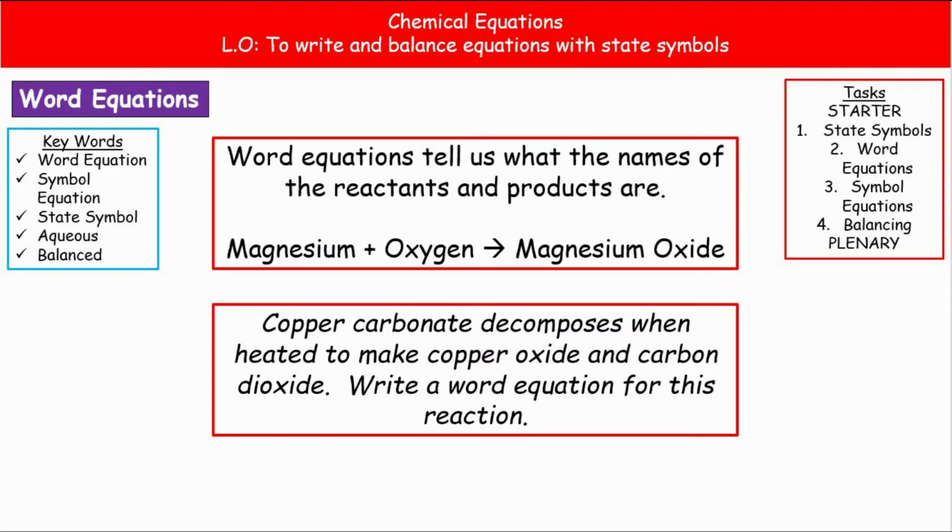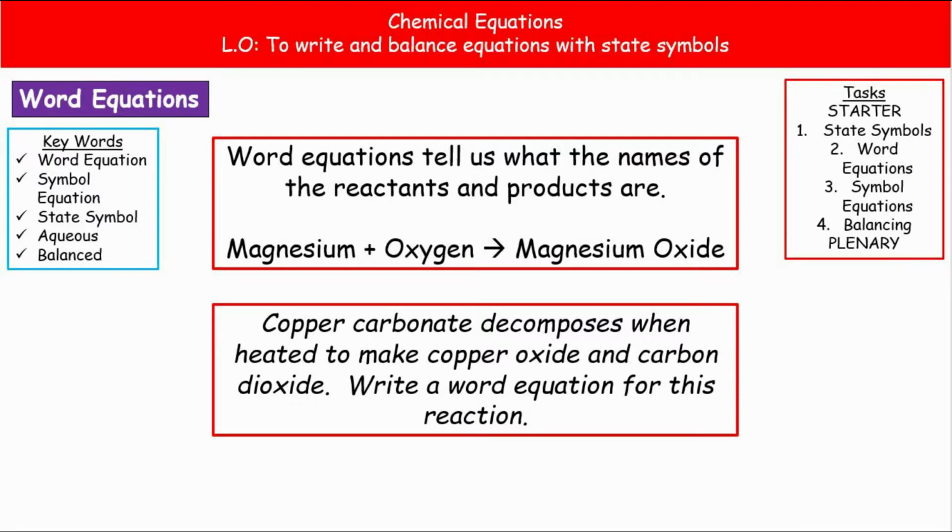The first type of equation that we could see is a word equation. Now, when it comes to a word equation, what we're actually using is the proper names written in full for any of the reactants and any of the products. So what we'd have is something like the one I've given you at the top there. Magnesium plus oxygen makes magnesium oxide.